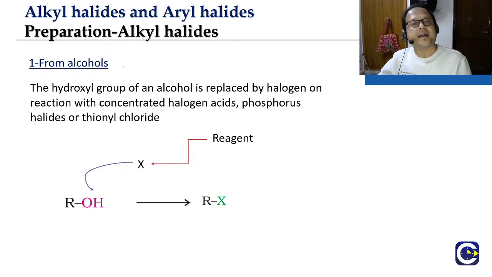We are going to prepare alkyl halides from alcohols, right? That is your ROH. So basically if you are able to somehow remove OH with the help of a halogenating reagent, that is a compound or a chemical that can provide you halogens, then X can replace OH, substitute OH, and then you can have RX over here.